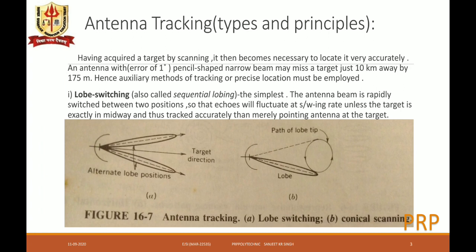If we are switching between 2 positions, then we can locate the target in the middle, so that the strength of the echo from the 2 positions is of equal strength. In this way it is locating the target.